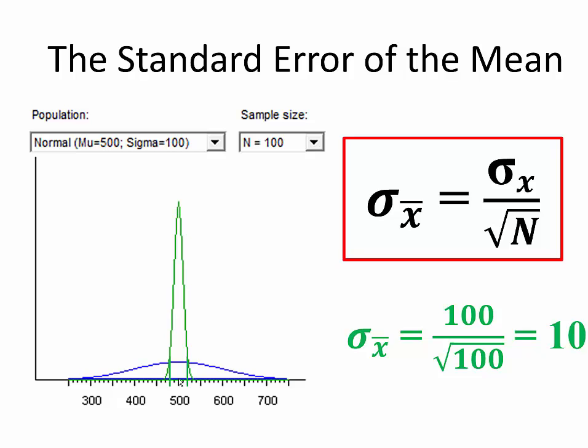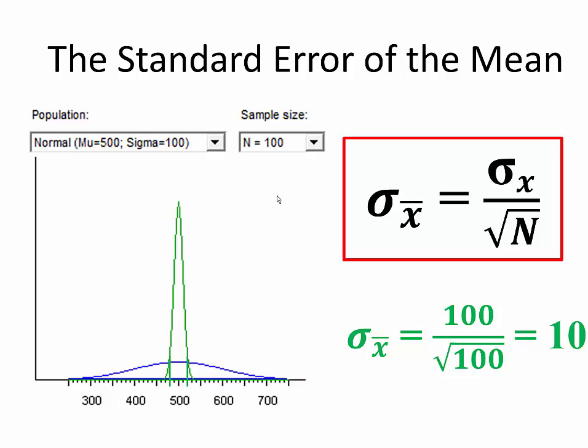That is, 95% of the sample means would be within 19.6 of the population mean. So that might be reasonable accuracy. We might be quite comfortable in knowing that if we take a sample of 100 scores, there's a 95% likelihood that our sample mean is within about 20 of the actual population mean.